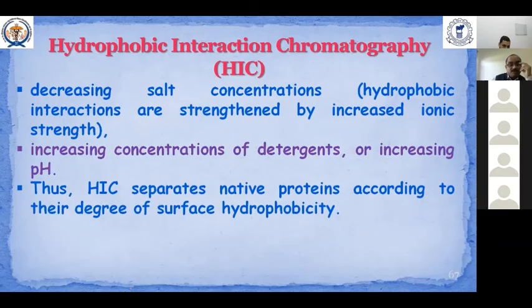These hydrophobic interactions may be decreased by decreasing salt concentration, because the hydrophobic interaction is strengthened by increasing ionic strength, increasing the concentration of detergent, or increasing the pH. Therefore, hydrophobic interaction chromatography separates native proteins according to their degree of surface hydrophobicity. Same as reverse phase chromatography, but the conditions are so weak.